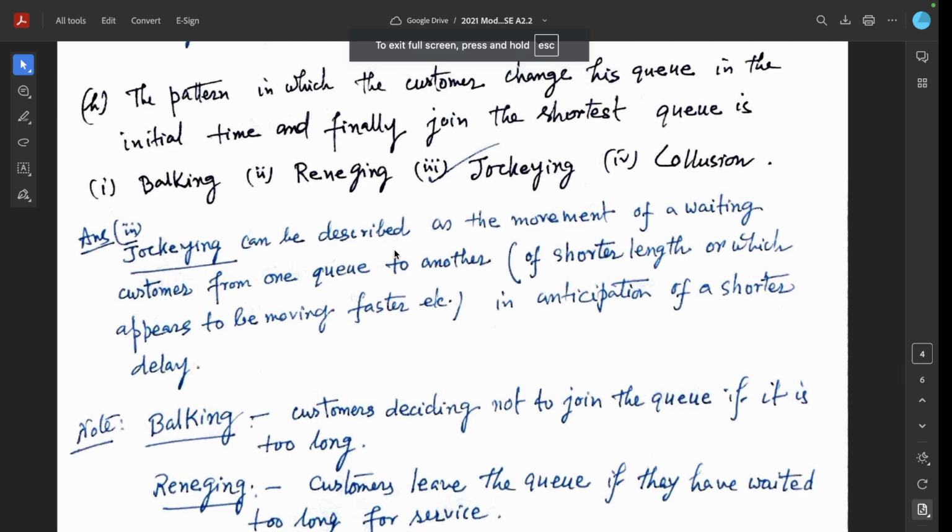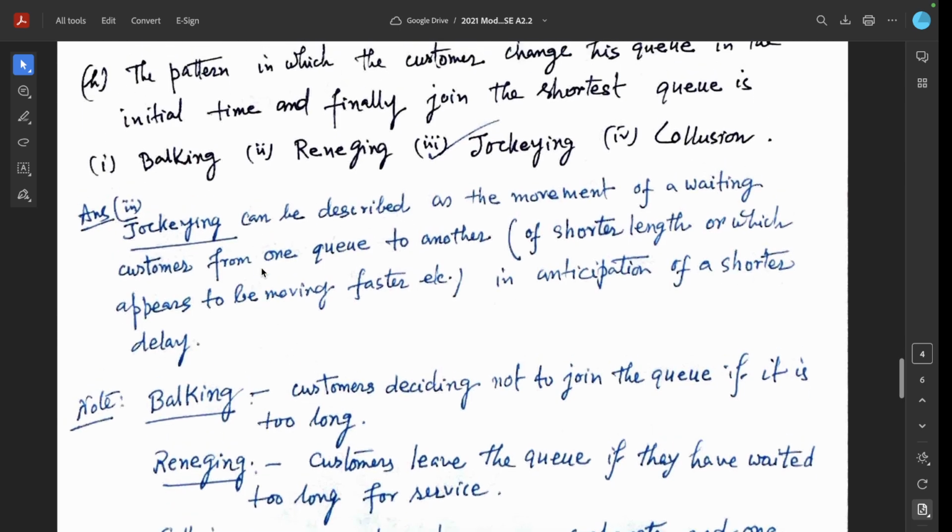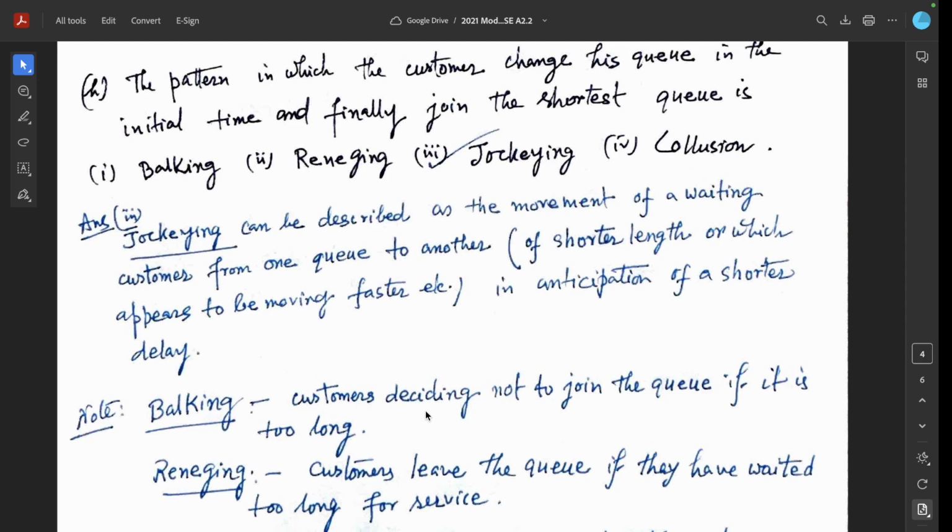Actually, jockeying can be described as the movement of a waiting customer from one queue to another because of shorter length, or because it appears to be moving faster, etc., in anticipation of a shorter delay. This is jockeying. And balking is customers deciding not to join the queue if it is too long.